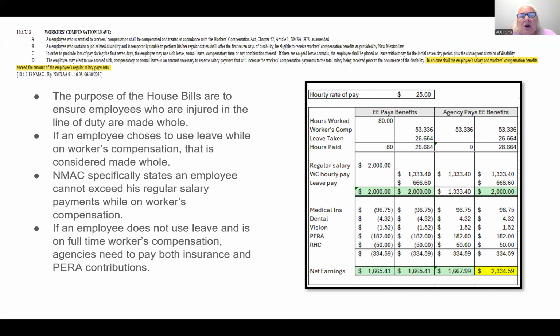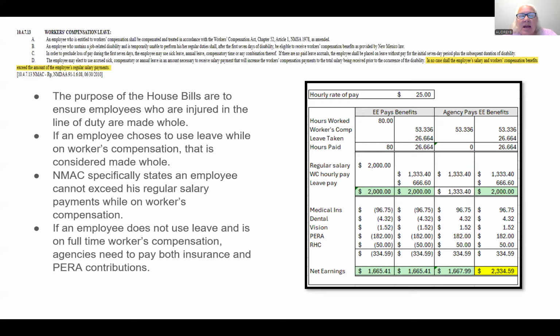So the purpose of these House bills is to ensure that employees who are injured in the line of duty are made whole. And if an employee chooses to use leave while on workers' comp, that is considered made whole. And I'm going to go over the example we have over here in a minute to help explain that.